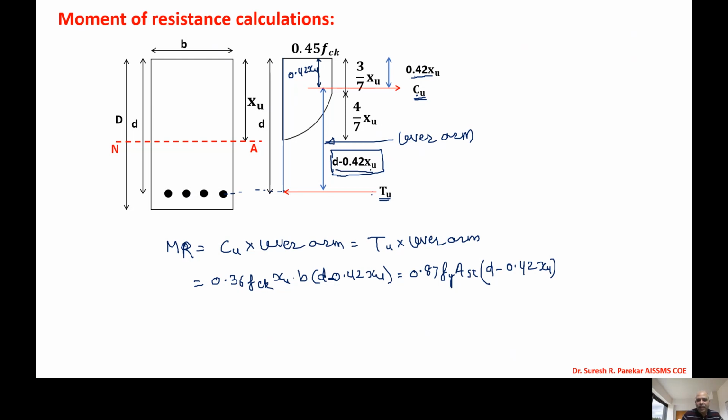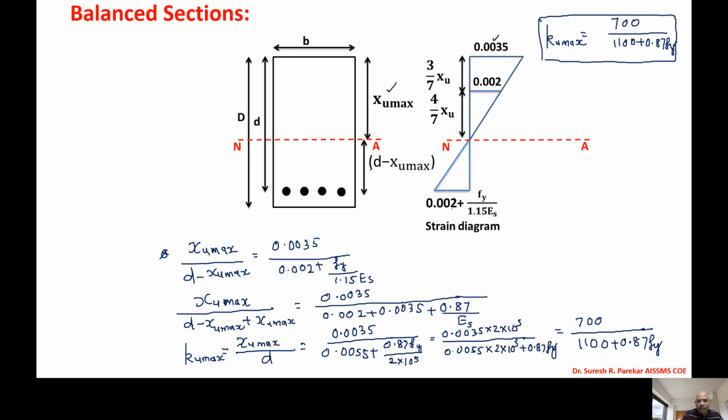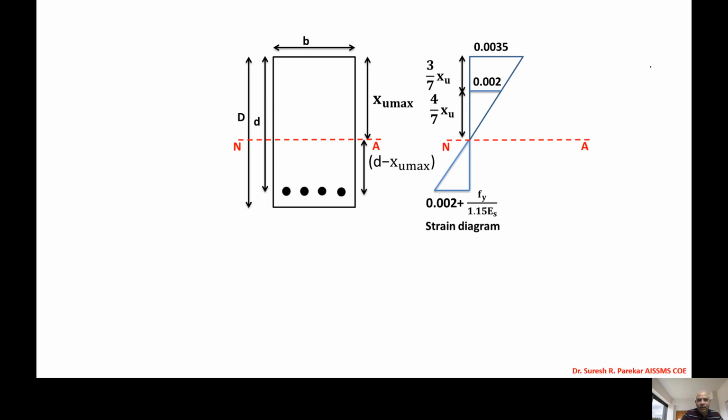Lever arm we have d minus 0.42 Xu. So now we have also seen last time we have Ku max, that is equal to 700 upon 1100 plus 0.87 fy.